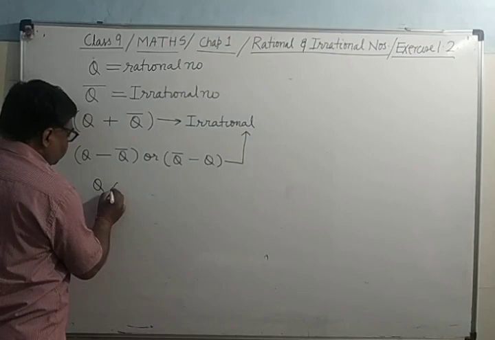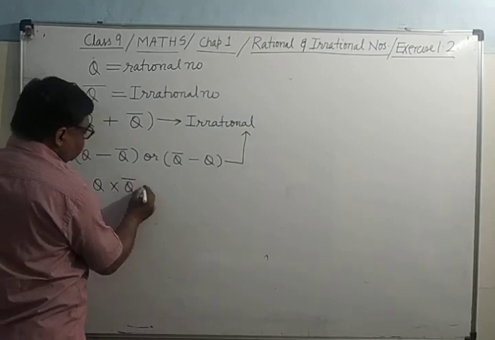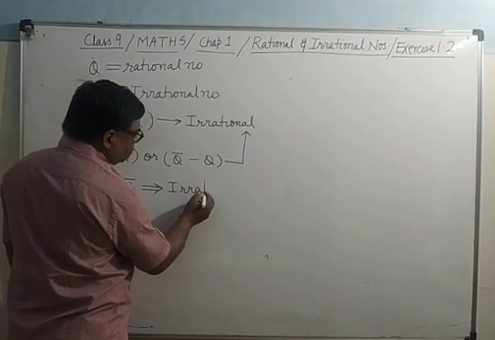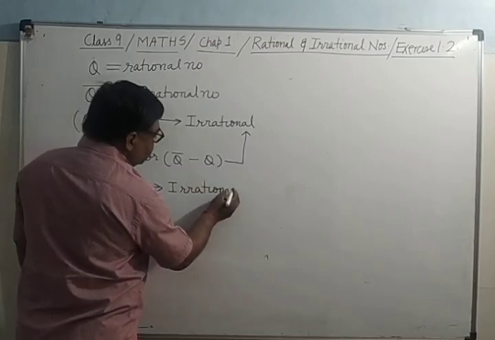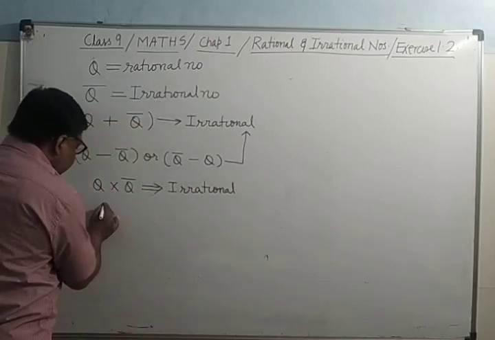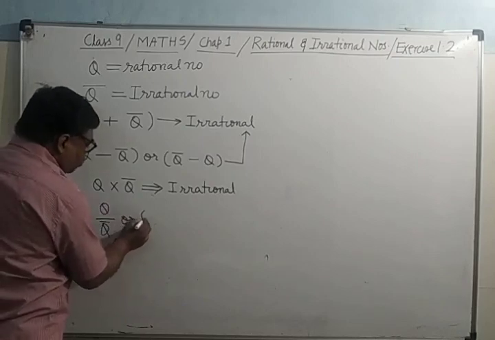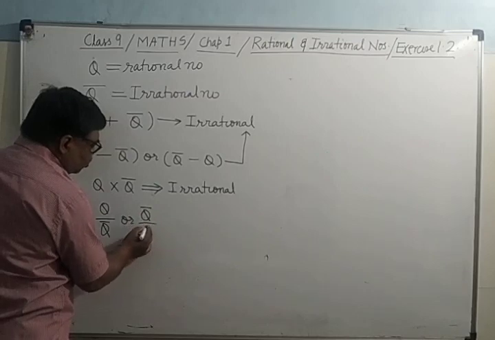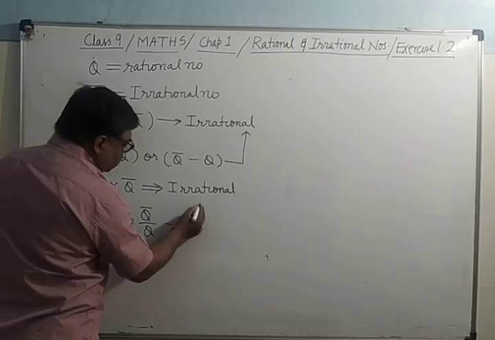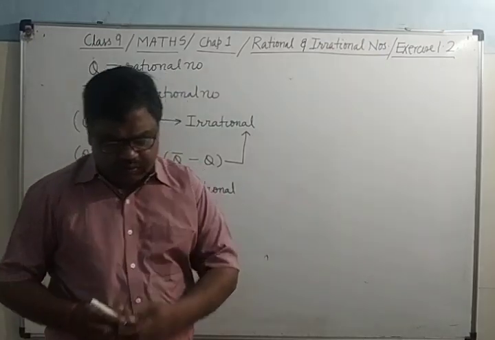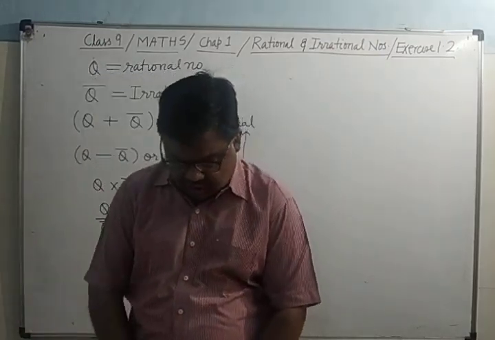Then q into q bar, this is also irrational. And q upon q bar or q bar upon q, this is also irrational. It's clear? Now we will do the questions, so you can see the questions.